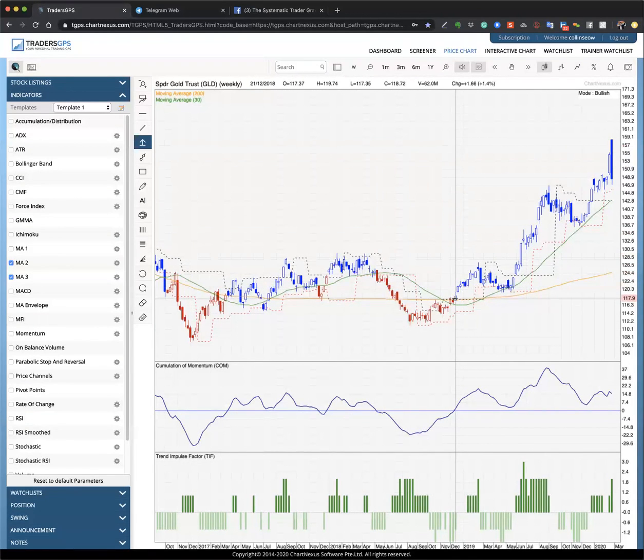Since last December until now we are already up 26%. And we can use a weekly position, and look at that.